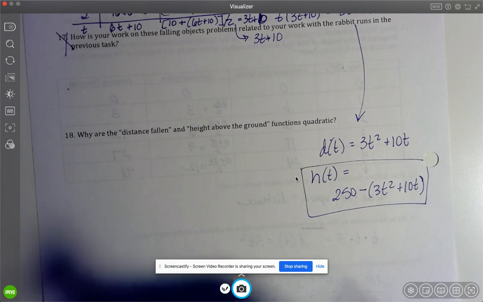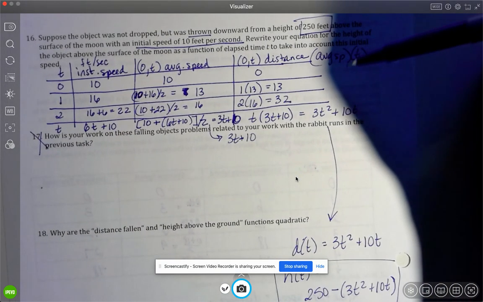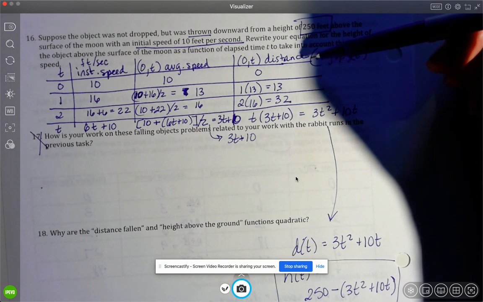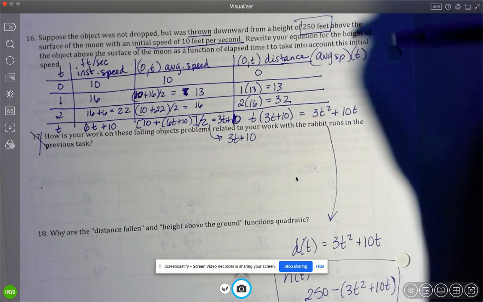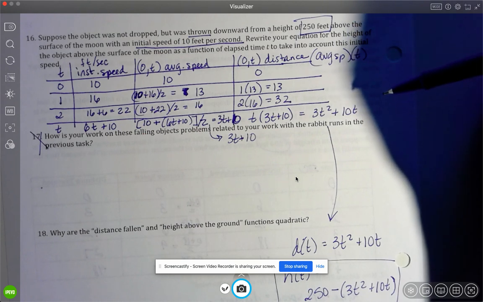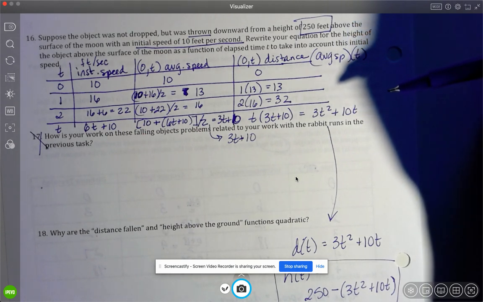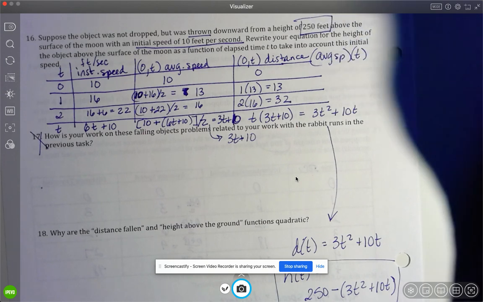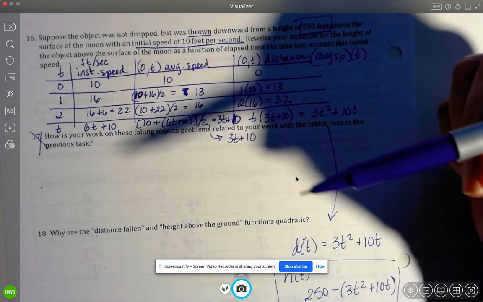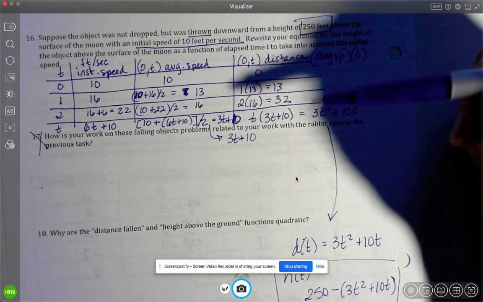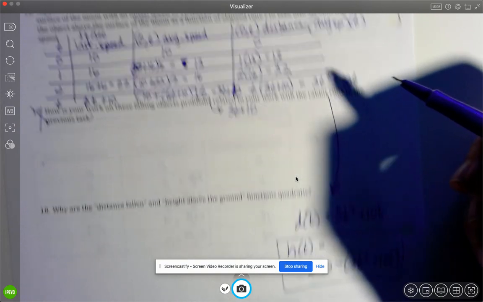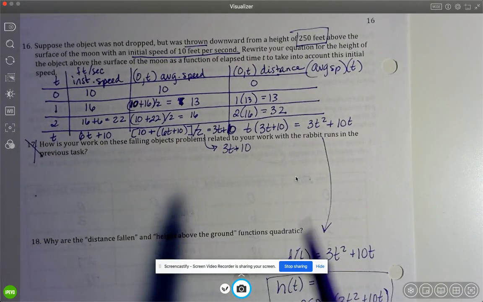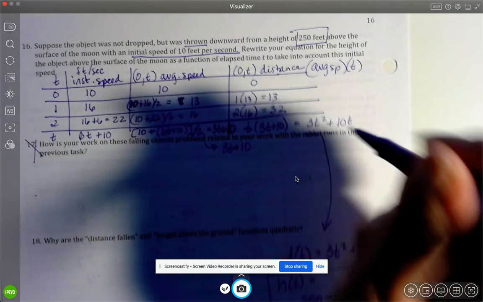Well, if we had used this table and made a first difference and then a second difference, they would both have the same second difference. And you have a linear rate of constant change. So your second differences are always the same. So we didn't do the rabbit runs, so it's a little bit hard to answer that question.